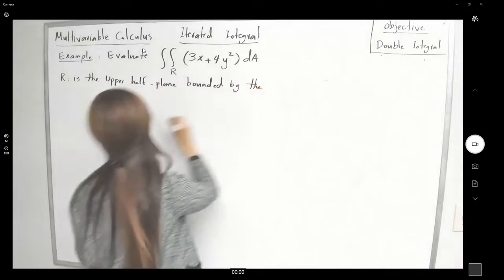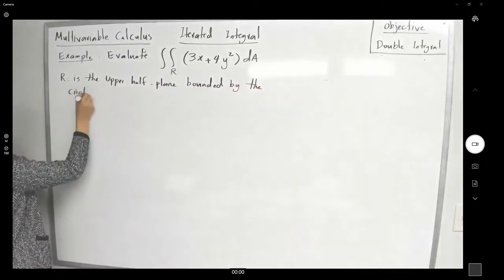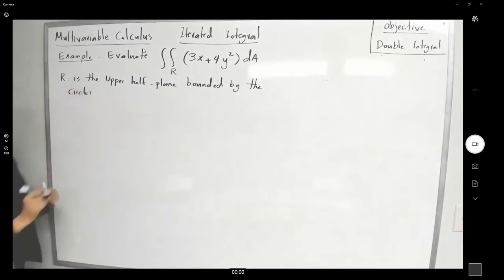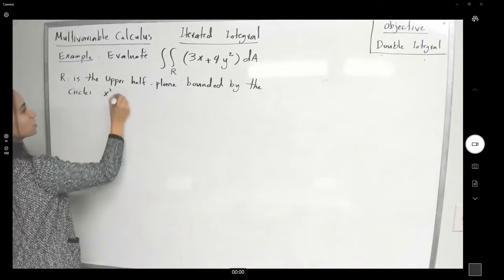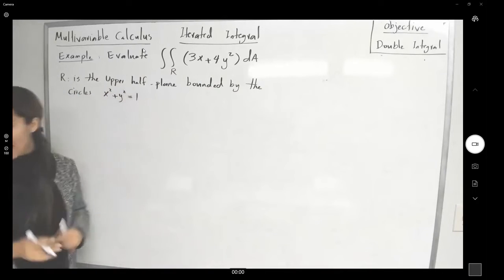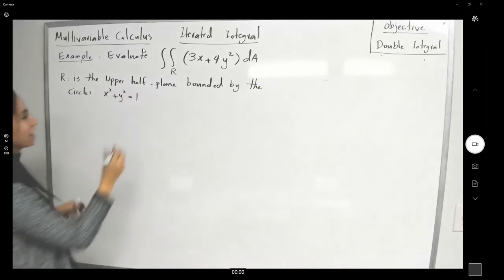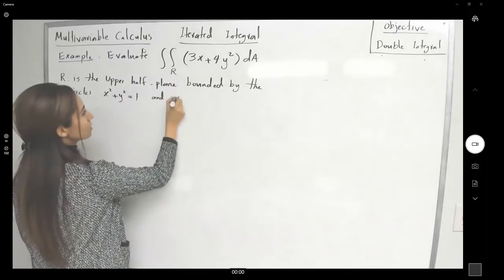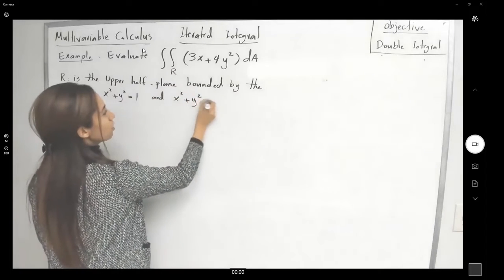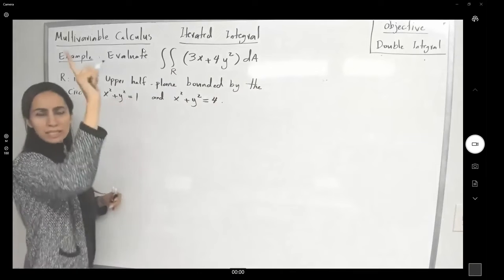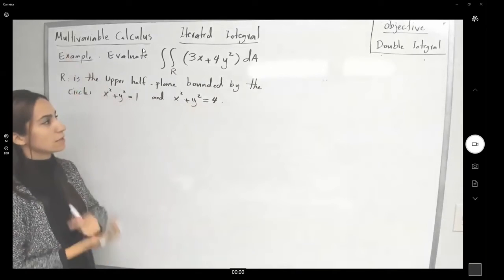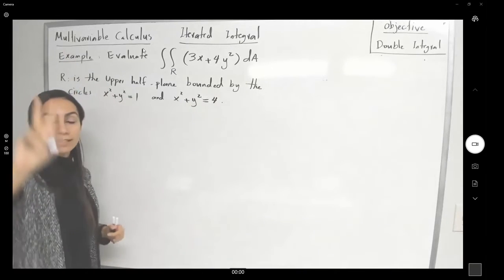Circles, what circles? x squared plus y squared equals 1, which is just the unit circle, and the second one is x squared plus y squared equals 4. So you have the unit circle with radius 1, and the other guy is a circle with radius 2.